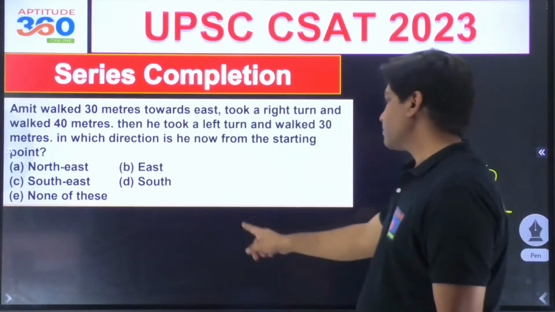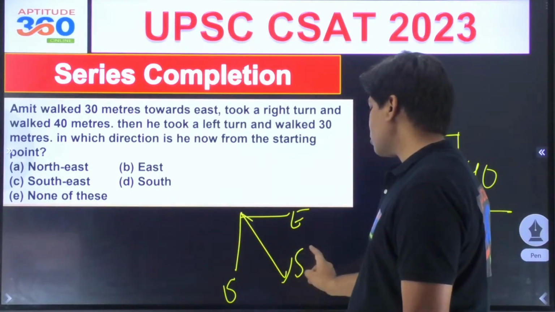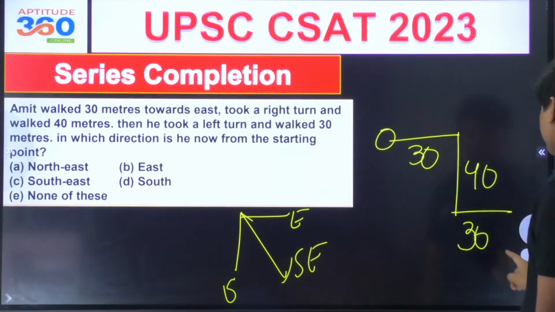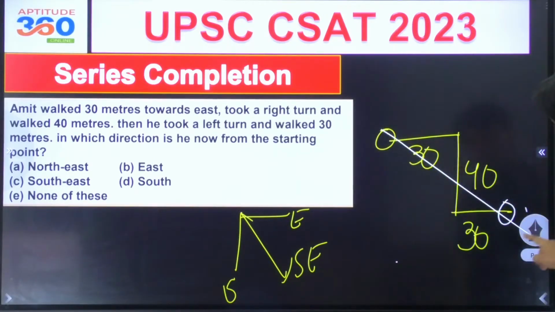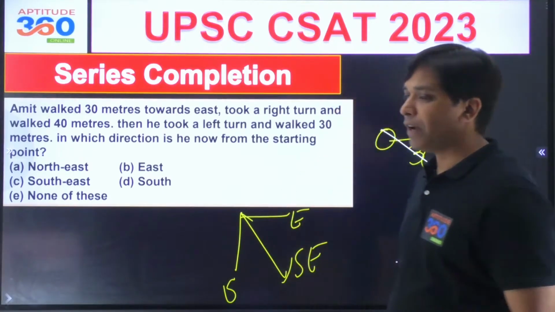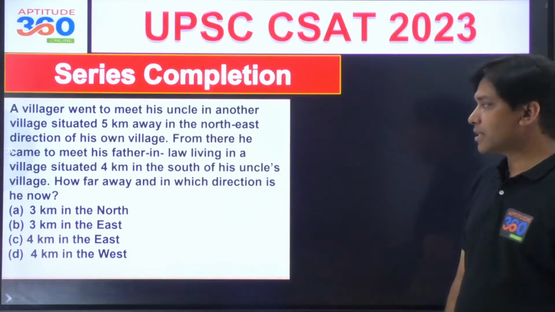All right, this is south, this is east, this direction is from the starting point, isn't it? From the starting point, this out here is the southeast direction. Everybody is getting the right answer. Good job, people. Very good job. How about this one?